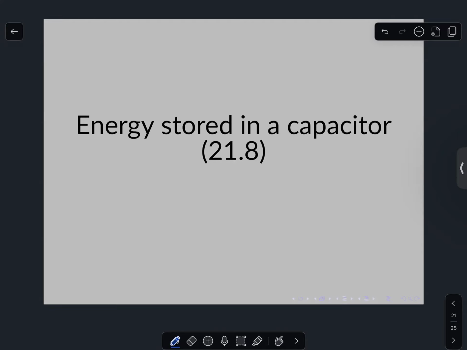State the defining equation for voltage. Okay, again, the relationship between voltage and energy, the definition of voltage.